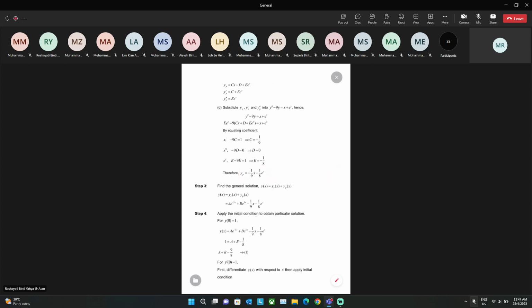Right. So step number 3, find the general solution. For the general solution, you need to combine both YP and YC, sum them up.